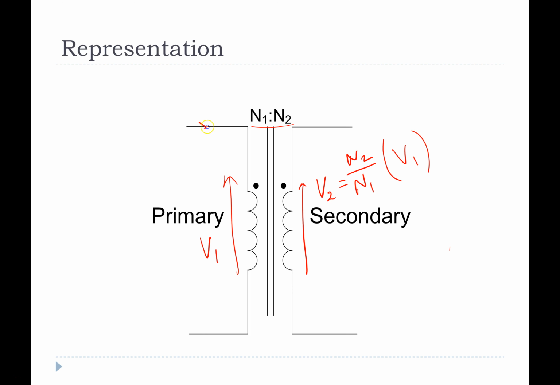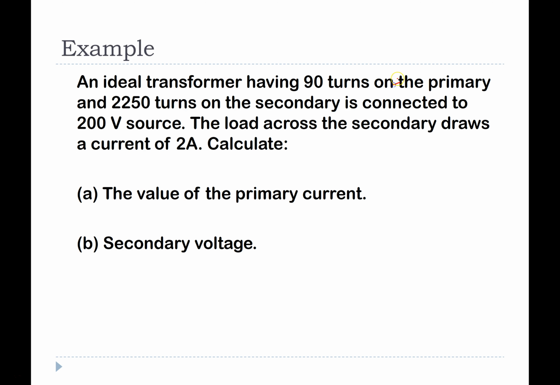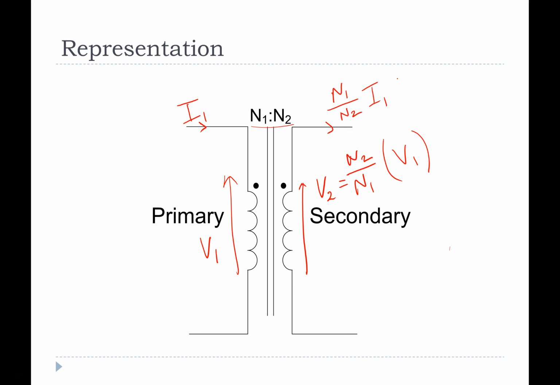And whatever current you have here, I1, will be on this side, N1 on N2 I1, which will be equal to I2. So this is the basic transformation for an ideal transformer, no losses.